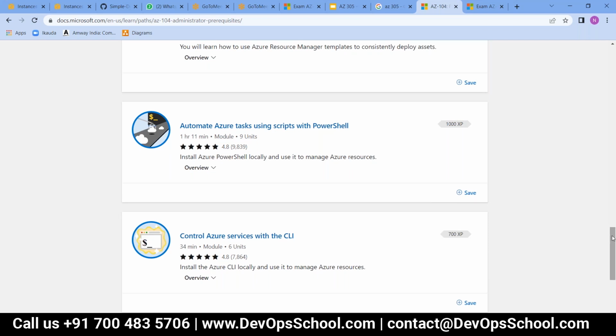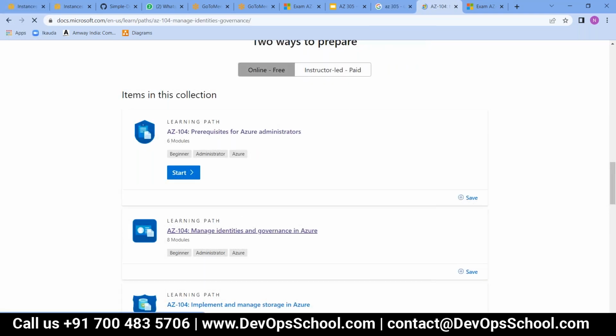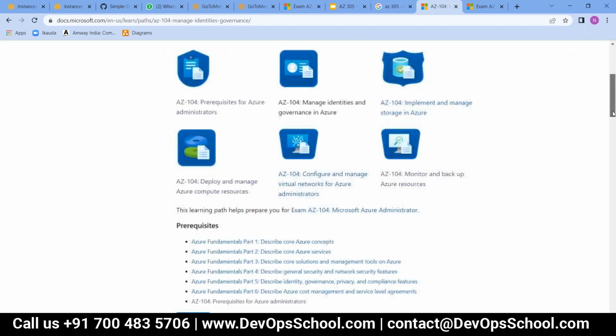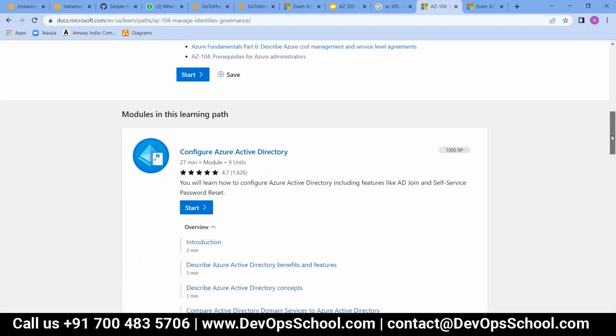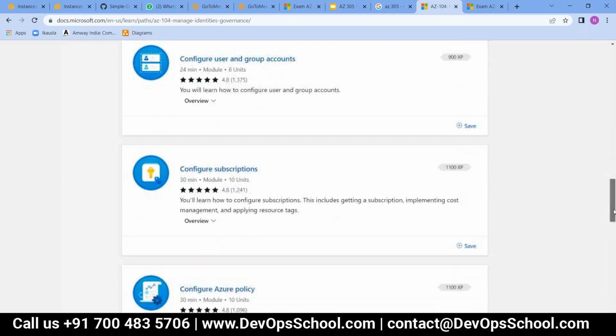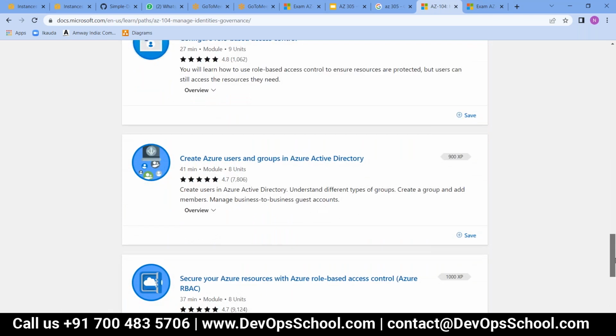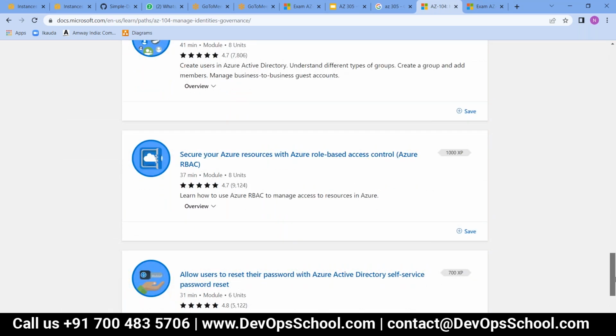Again, when we move further, we have managed identity and governance. We covered it theoretically as part of AZ-305. They talked about user groups, accounts, subscriptions, policies, and everything, and role RBAC. So this concept is talked about as part of 305, but in 104 it is more focused on the hands-on related to that area.